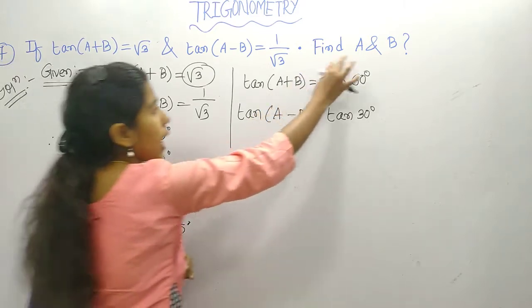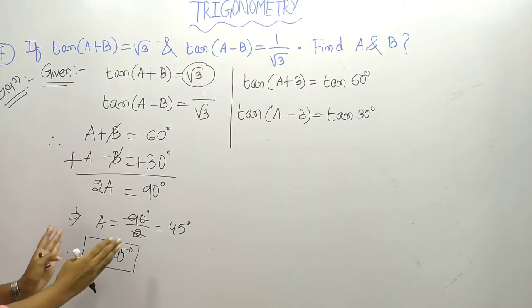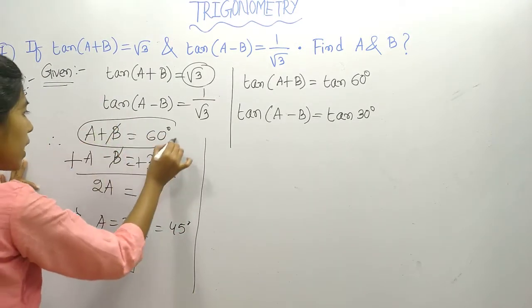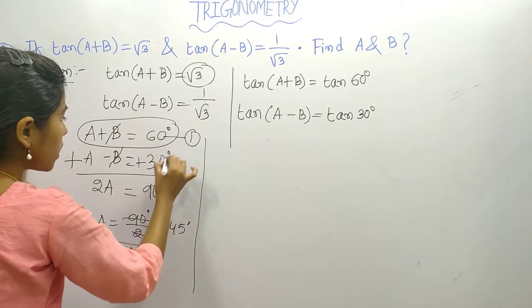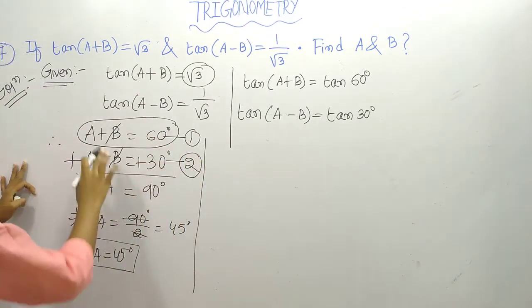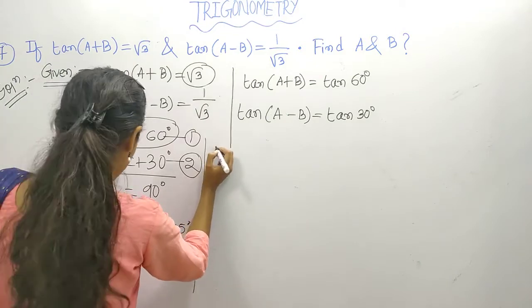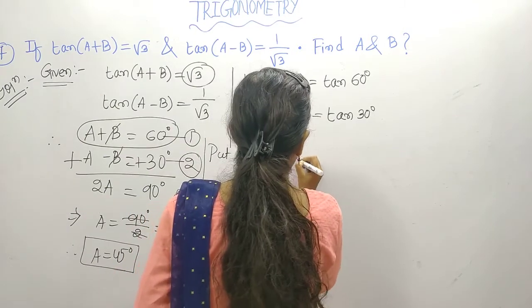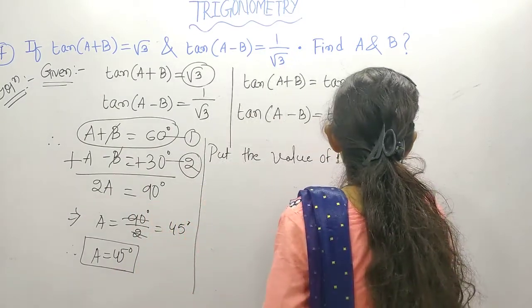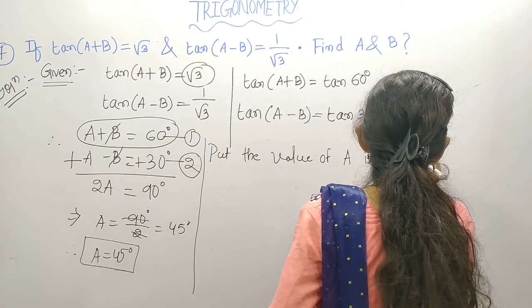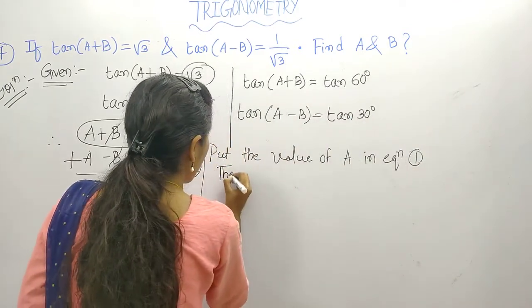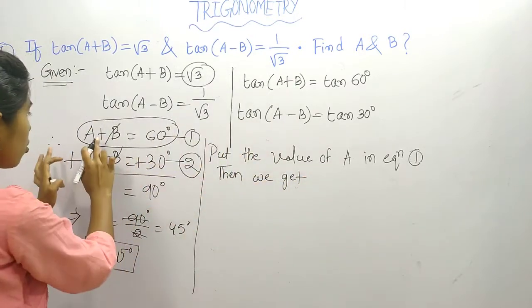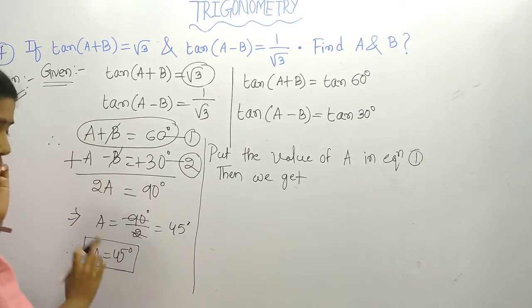Now we have found the value of A. Now let's move to B. From any equation you can find B. So this is equation 1, this is equation 2. Put the value of A in equation 1. Here A + B equals 60, and A value is 45 degree.